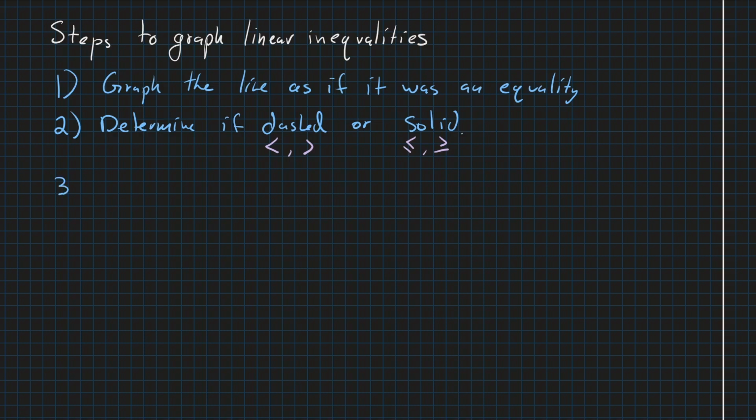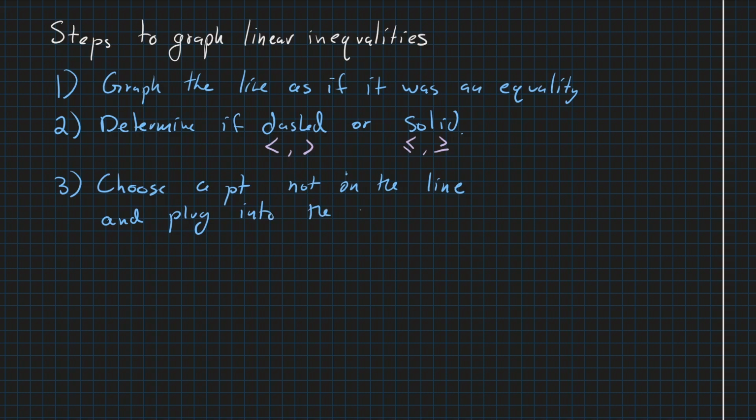And then step 3, you choose a point not on the line and plug it into the inequality. That's what we did for the point 1, 1 in the prior example.